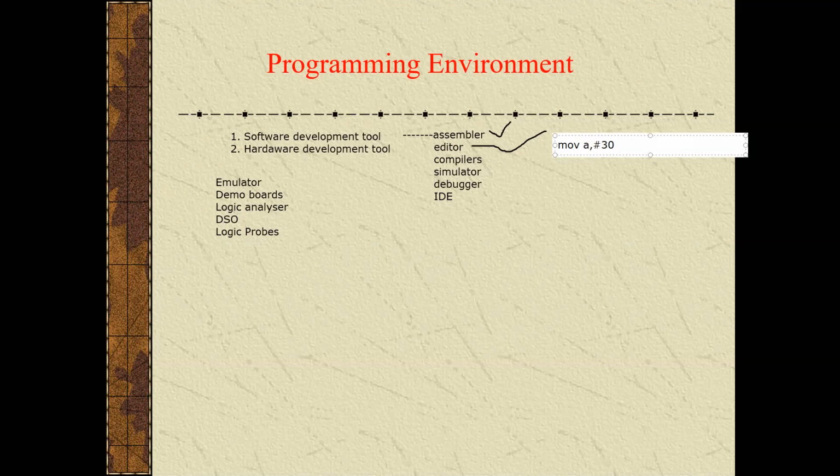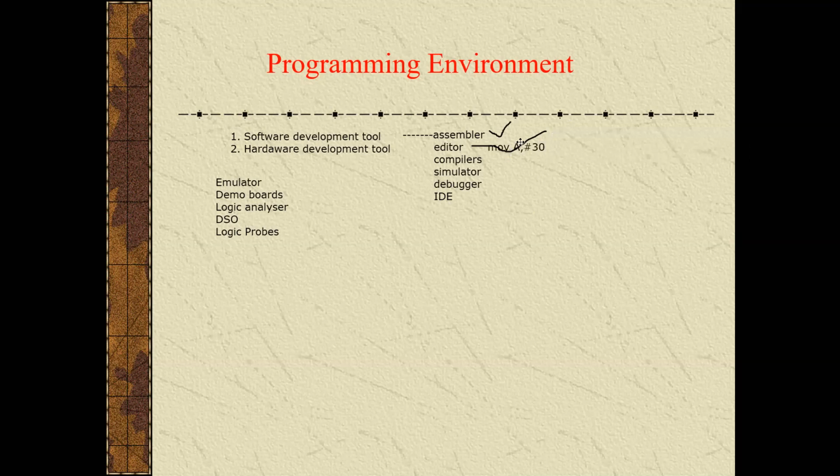After that, the assembler reads the editor, and these instructions will be converted into binary form, because the computer cannot understand these instructions, the words' meaning. The computer can only understand the language of zeros and ones.